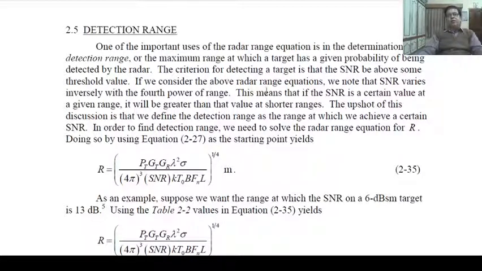If we consider the above radar range equations, we note that SNR varies inversely with the fourth power of range. This means that if the SNR is a certain value at a given range, it will be greater than that value at shorter range. The upshot of this discussion is that we define detection range as the range at which we achieve a certain SNR.